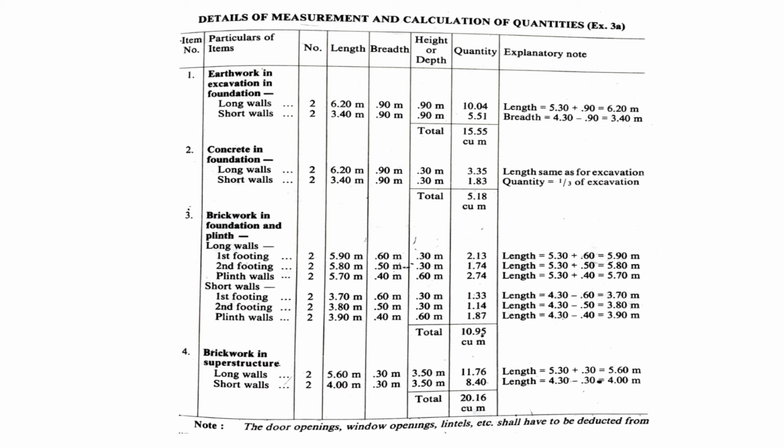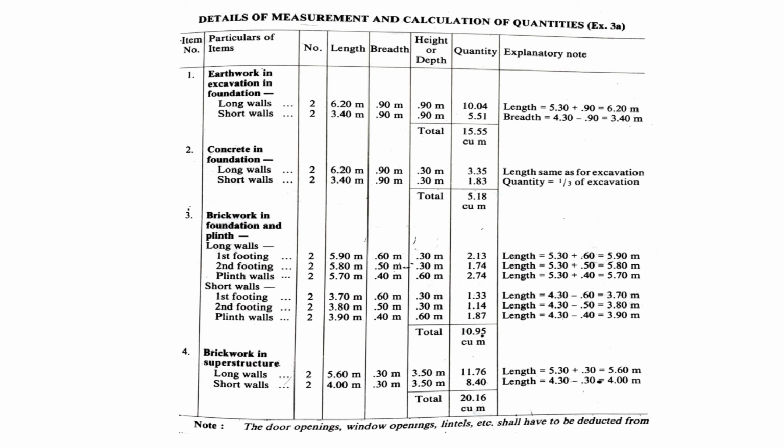From this 3.7 meter into 0.6 into thickness of the layer 0.3 is equal to 1.33 m cube. Same as second footing, two numbers, length is center to center distance minus width of the second footing 0.5, so that 3.8 meters.